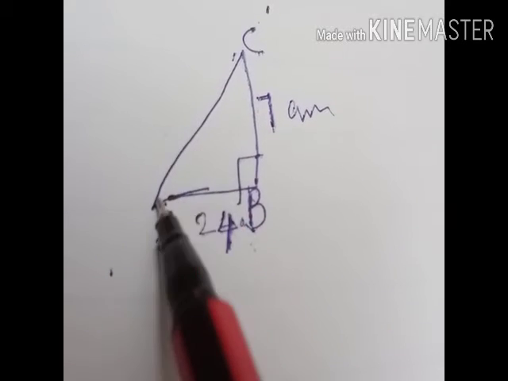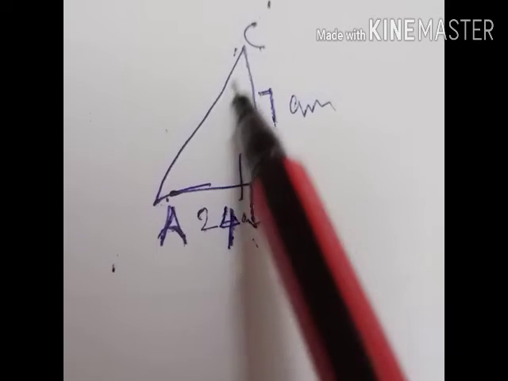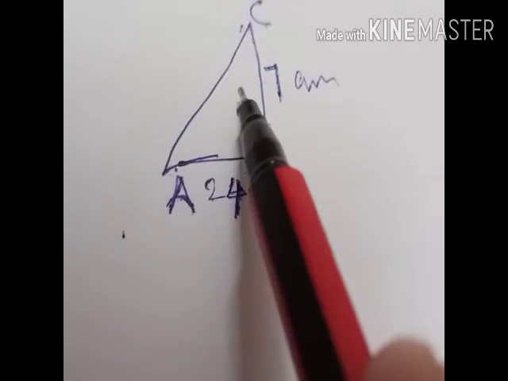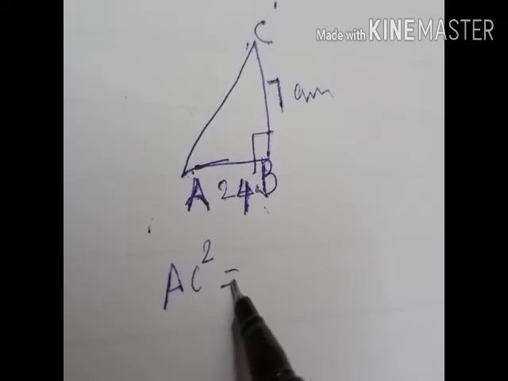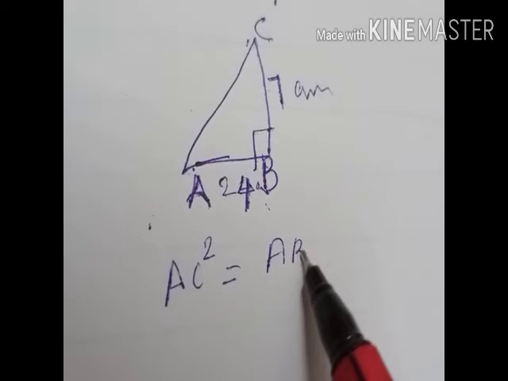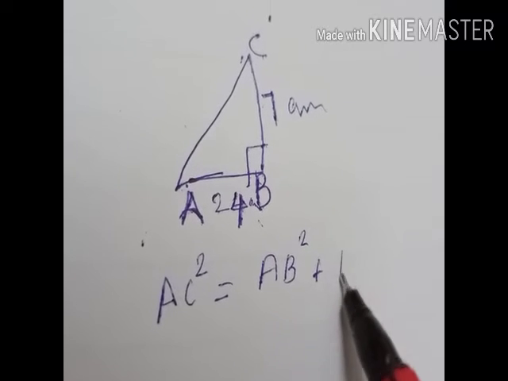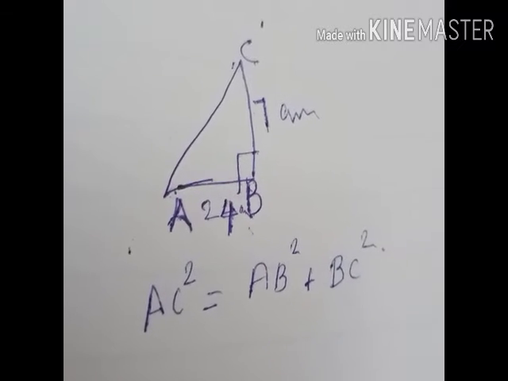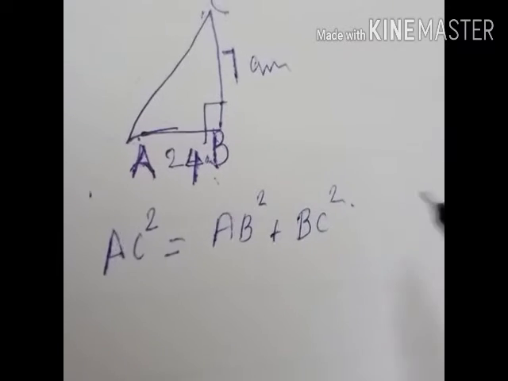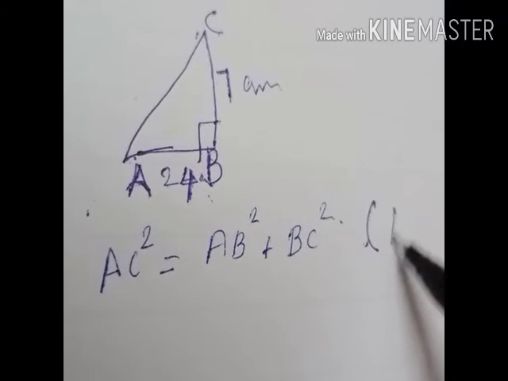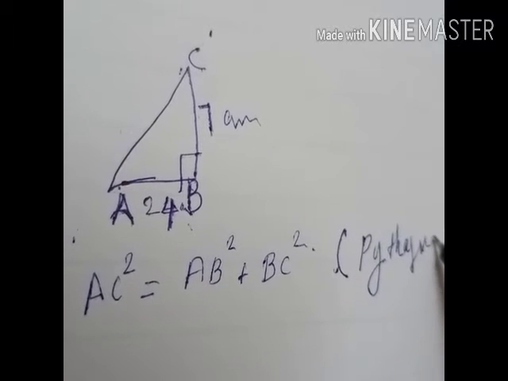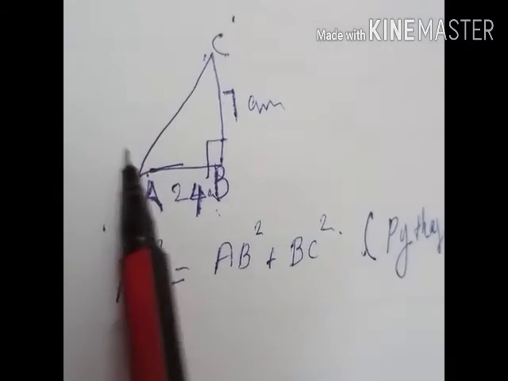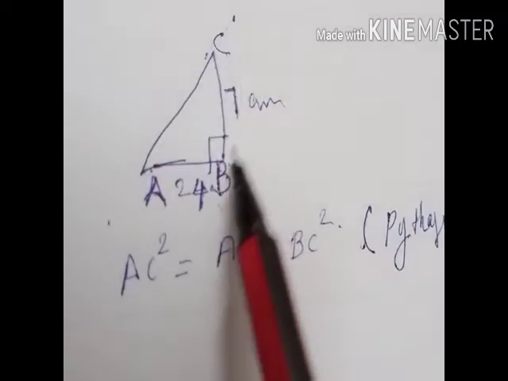For finding that side, we can use the Pythagoras theorem. By the Pythagoras theorem, hypotenuse square equals base square plus altitude square. So AC square equals AB square plus BC square.